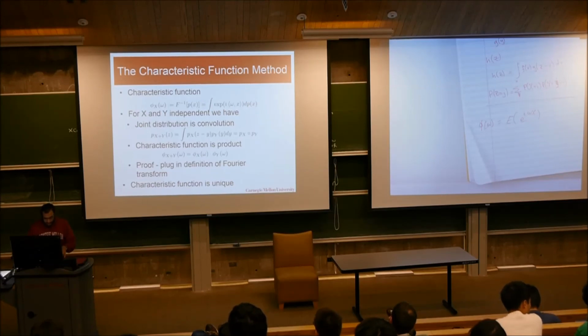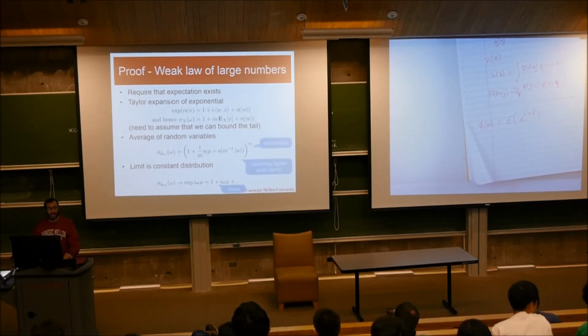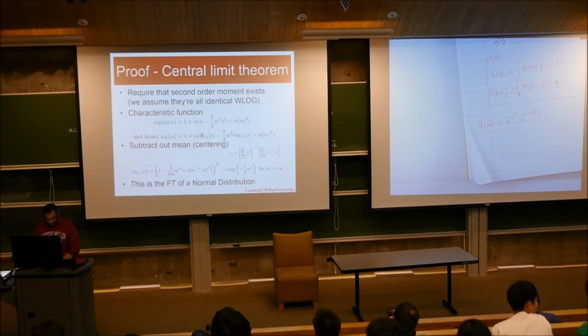And remember, we used to sum independent random variables to compute the empirical average, right? And so we can use that to basically prove things like the weak law of large numbers and the central limit theorem.